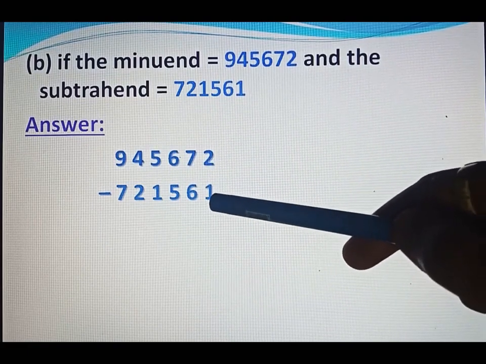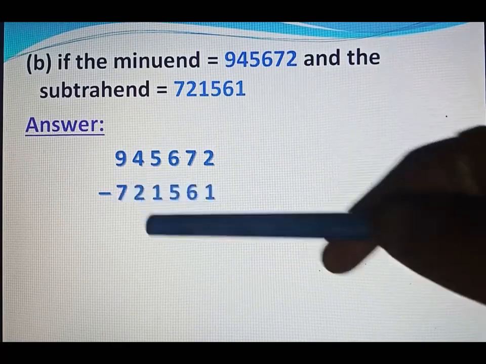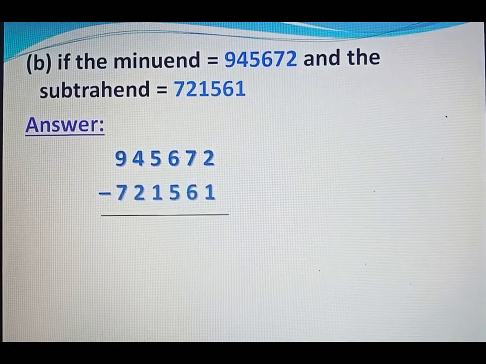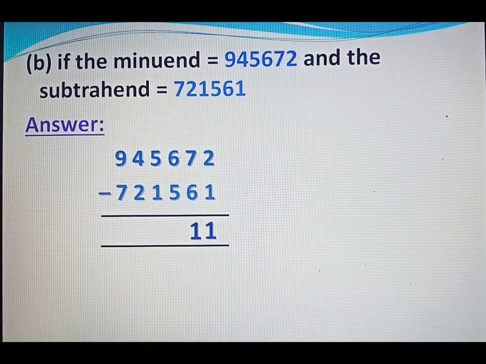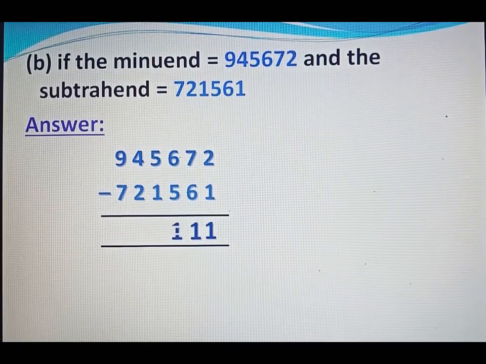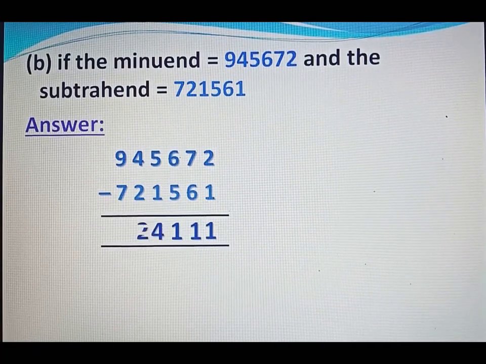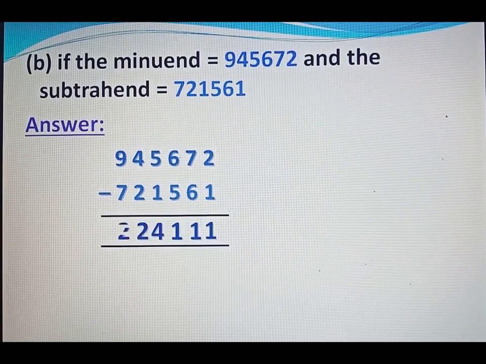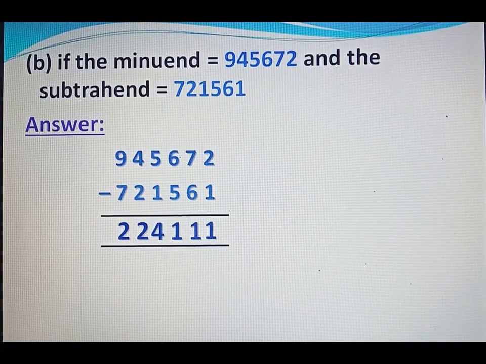Second number we will start from the last, this 1, 6, 5, 1, 2, 7. Then we will do subtraction. This 2 minus 1, 1, 7 minus 6, 1, 6 minus 5, 1, 5 minus 1, 4, 4 minus 2, 2, 9 minus 7, 2. So the difference is 2,24,111.